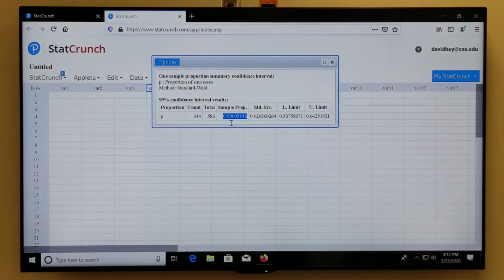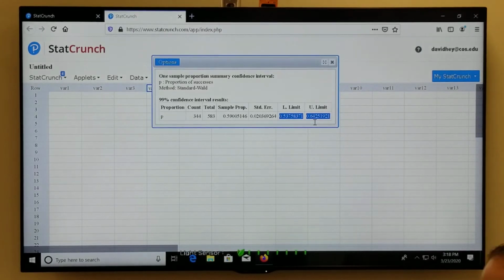About 59%. And here's our confidence interval for the population proportion. So based on a sample proportion of 59%, we are 99% sure that somewhere between 53.6% and 64.3% of people would die if they were infected with H5N1.